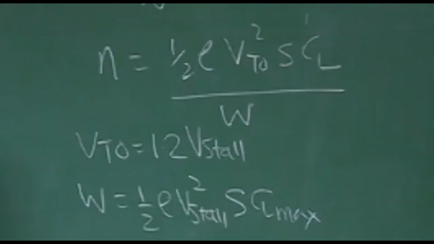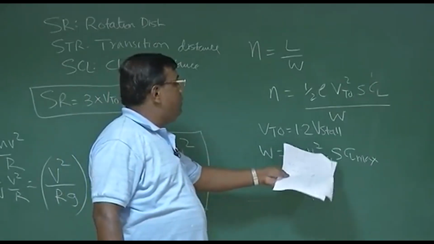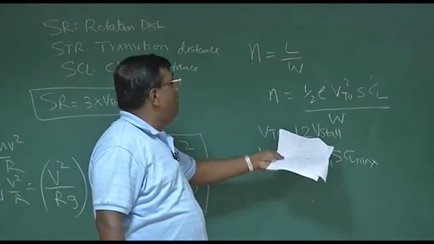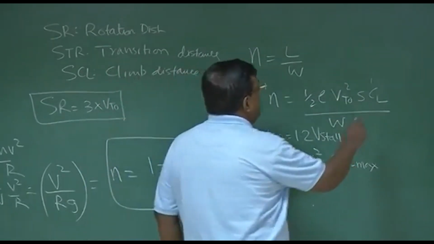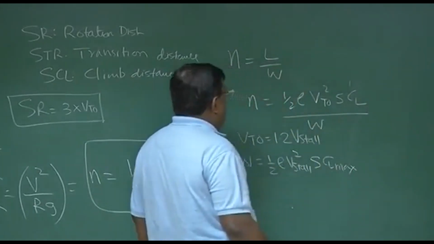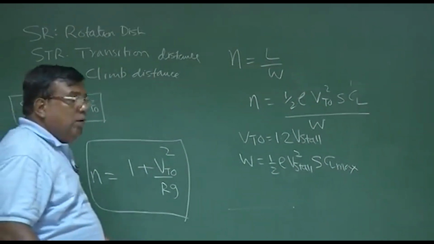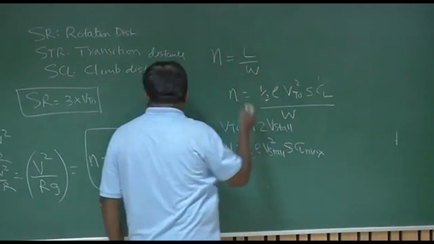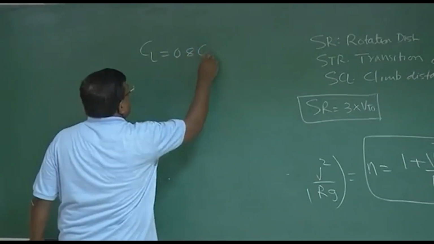Correct? By definition of V stall, half rho V stall square S CL max equals W. V takeoff I know is 1.2 V stall, and this speed is V takeoff square, and here I write CL. Now try to find n, as we have assumed that during the takeoff the CL is 0.8 CL max. CL takeoff is 0.8 CL max.